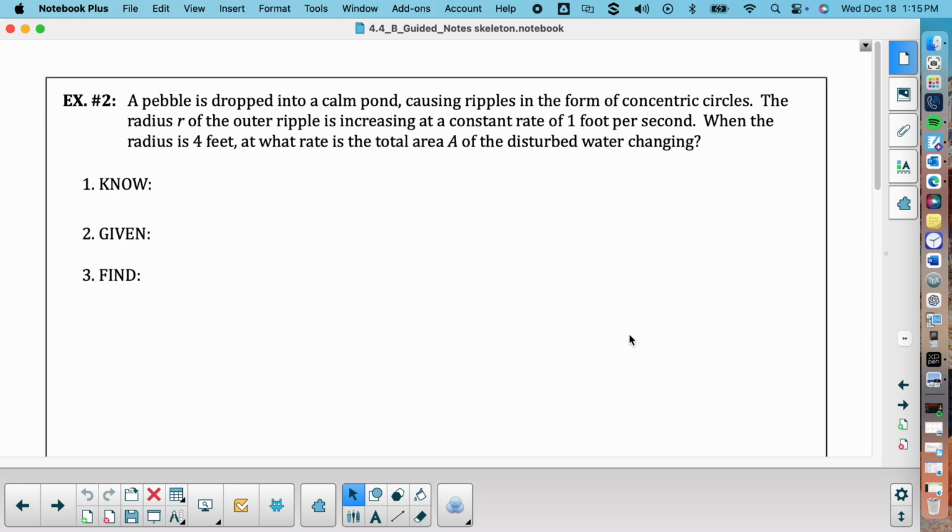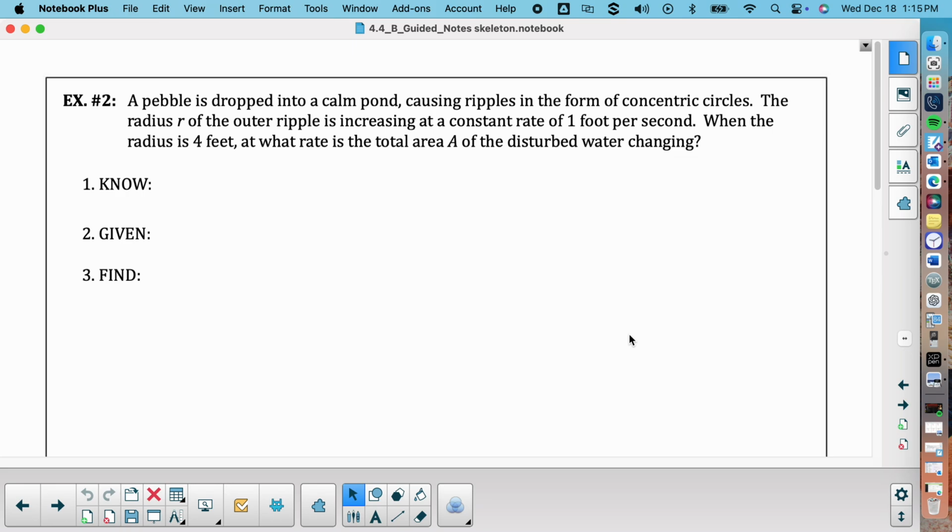So when you drop something in the water, it's easiest to watch the first wave or the outside circle, just because you can see it moving easier. So if you are watching the outer ring of this circle get bigger, this says it is moving outward at 1 foot per second. It doesn't change from 1 foot per second.